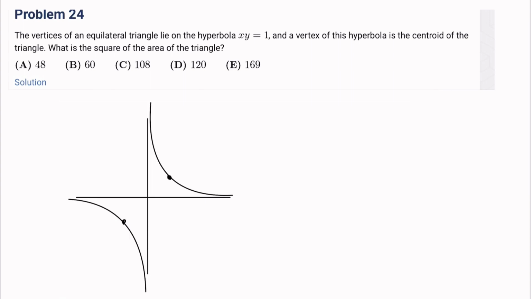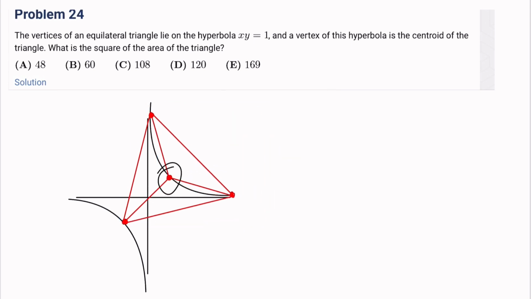Okay, so this will be our hyperbola here, and if we make our equilateral triangle on the hyperbola with the centroid as the vertex, let's say it's this one, right? And so it would be like this.